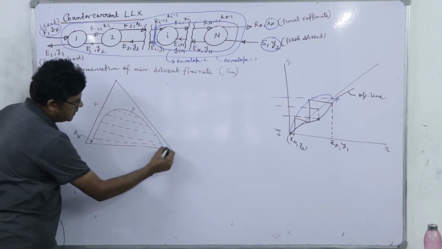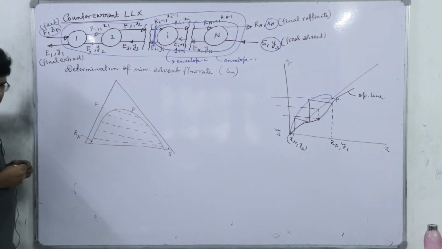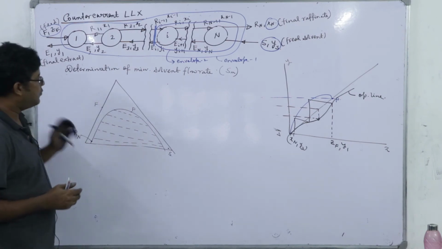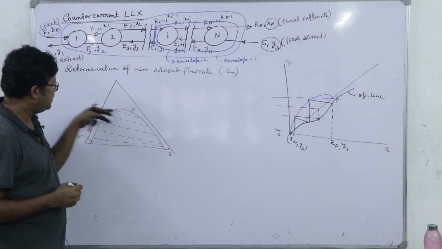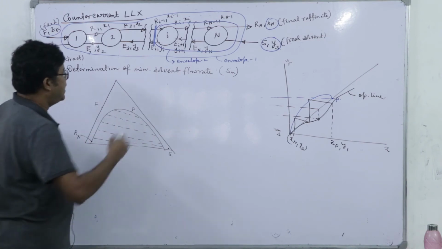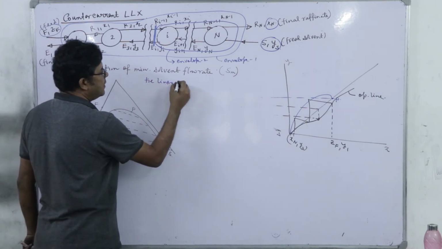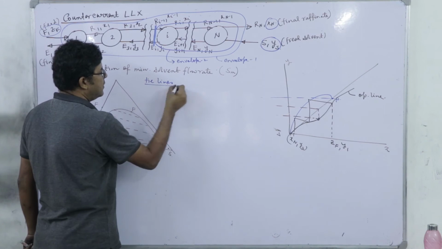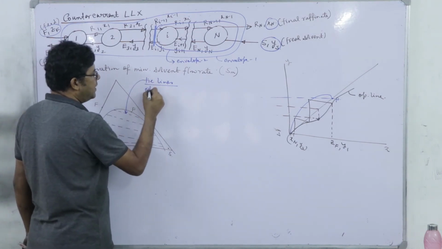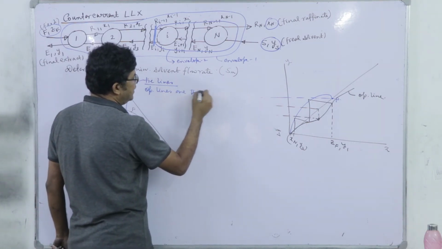You can also locate the point S. Now what do we have to do? We were drawing operating lines. See, these were the tie lines, and the operating lines were what? Tie lines.